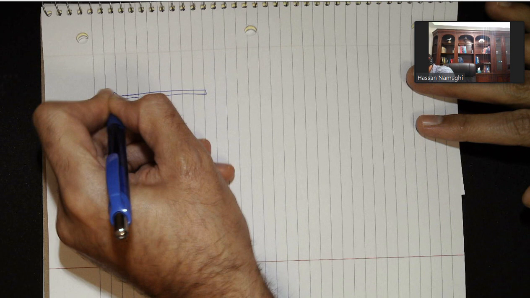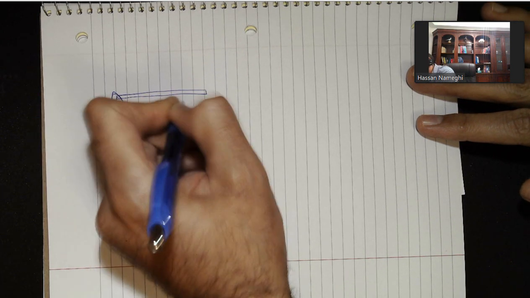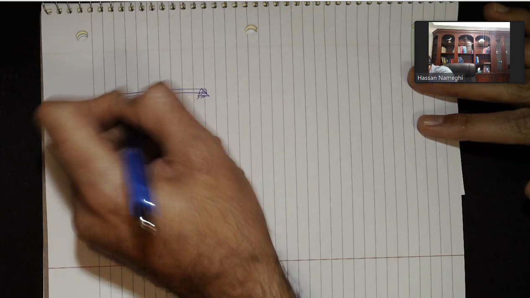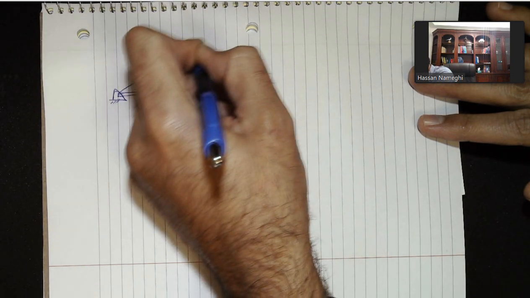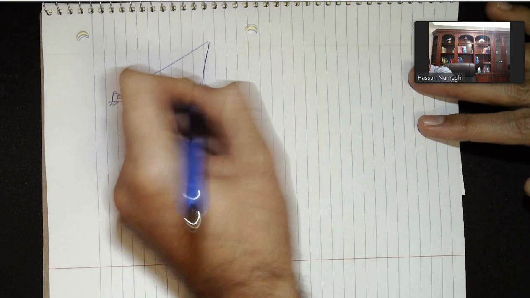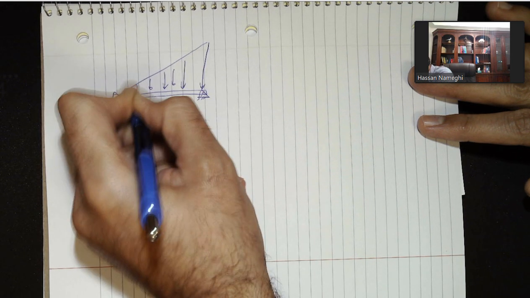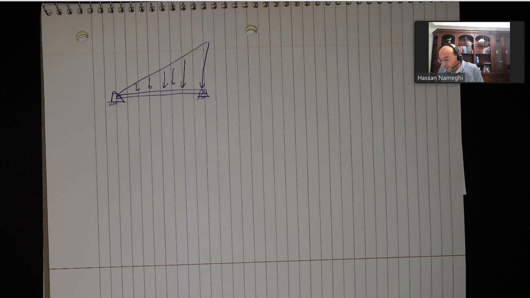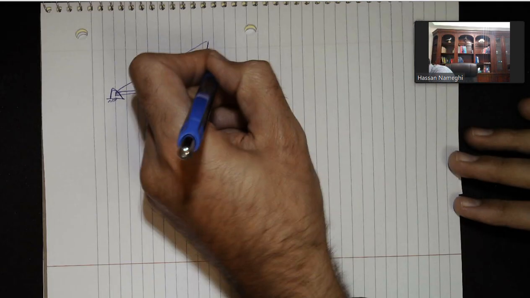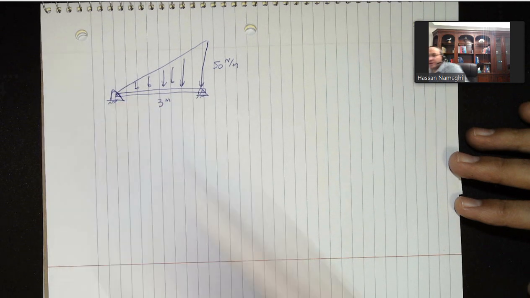Again, I try to make them easier because right now we are just solving examples. I have a distributed load, but this distributed load this time is a triangle. Now, the height here is 50 Newton per meter, and the length here is 3 meter.